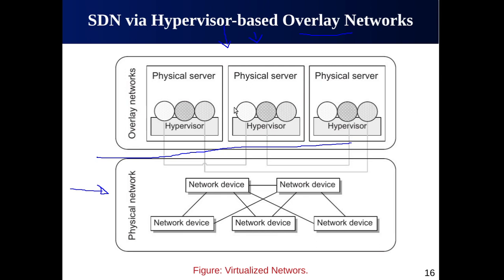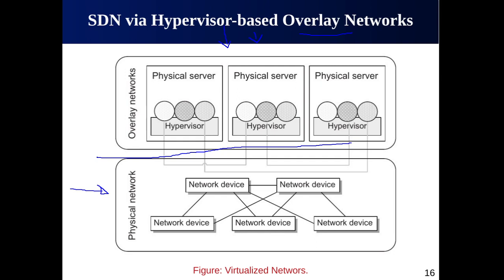Okay, the mechanism that makes this possible is tunneling, but let us shed some light on the tunneling. Actually, the concept is encapsulation. Because we have different types of packets, the physical network packets are different from the virtual ones. So we need to encapsulate the packets.